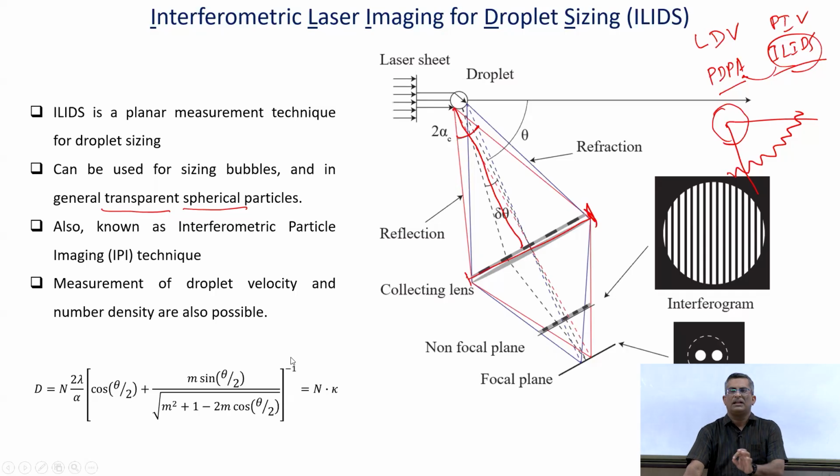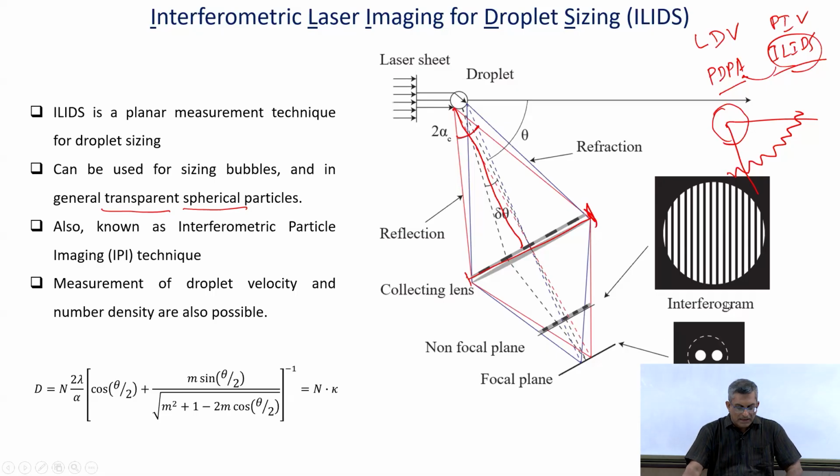So finally, you get a very simple relation: particle size is equal to the number of fringes times an experimental constant. So what we need to measure is basically the fringe number count.